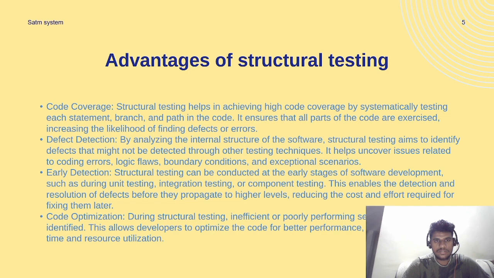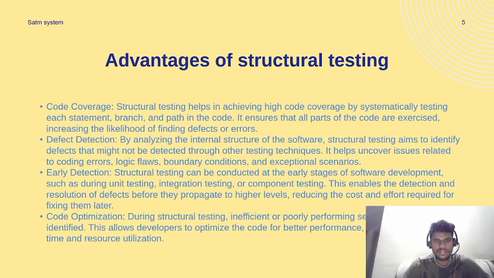Code coverage. Structural testing helps in achieving high code coverage by systematically testing each statement, branch, and path in the code. It ensures that all parts of the code are exercised, increasing the likelihood of finding defects or errors.